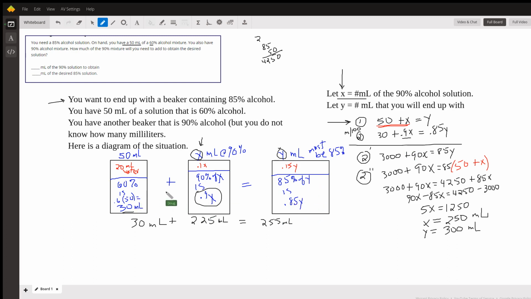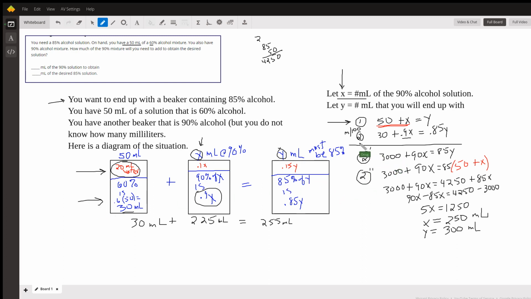In other words, alcohol plus alcohol equals total amount of alcohol. You could have also set up an equation dealing with water: 20 milliliters of water plus 0.1X milliliters of water equals 0.15Y milliliters of water. So there's actually two ways to get the second equation. You can use water plus water equals water, or alcohol plus alcohol equals total alcohol.